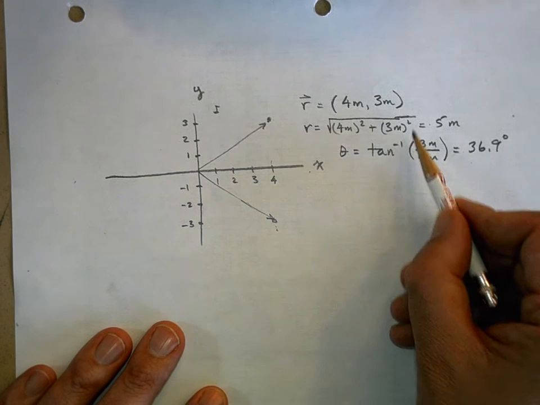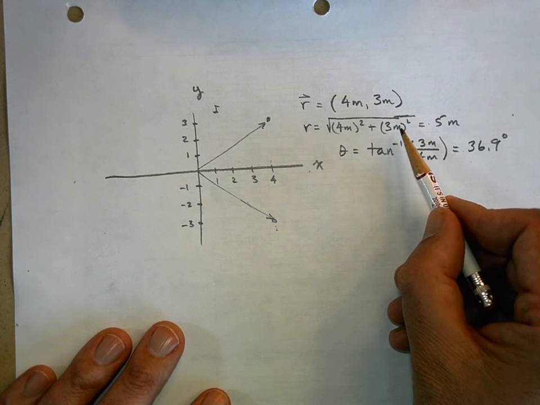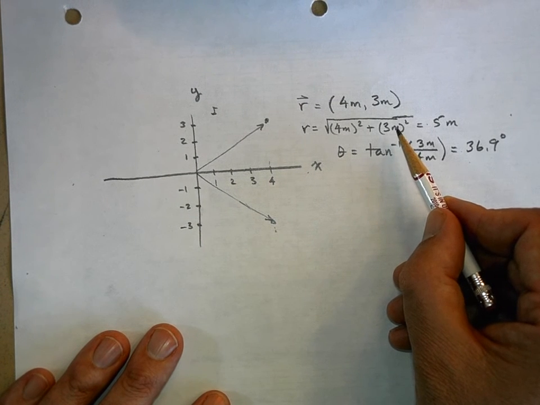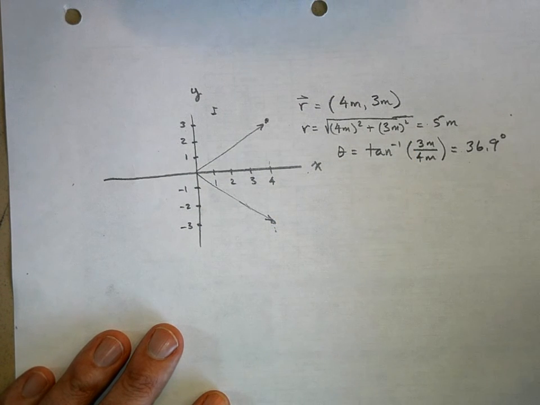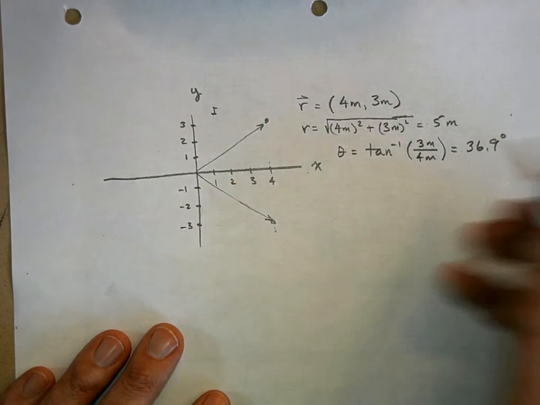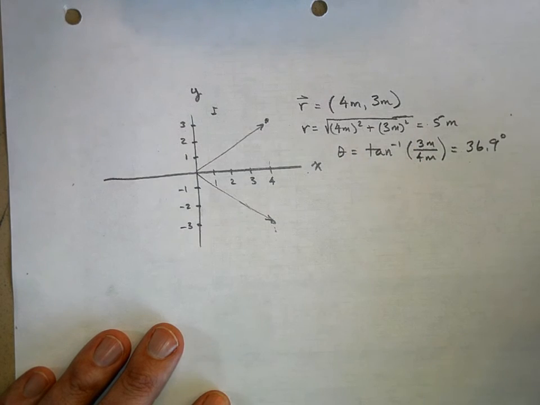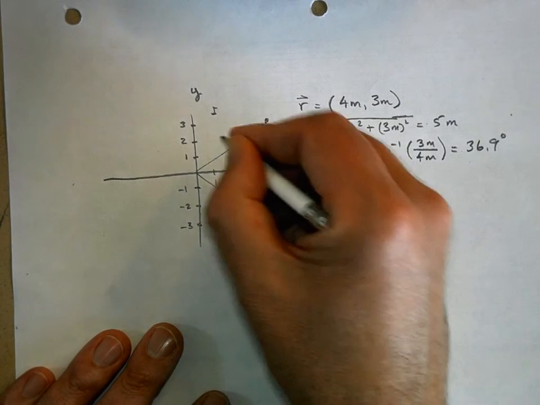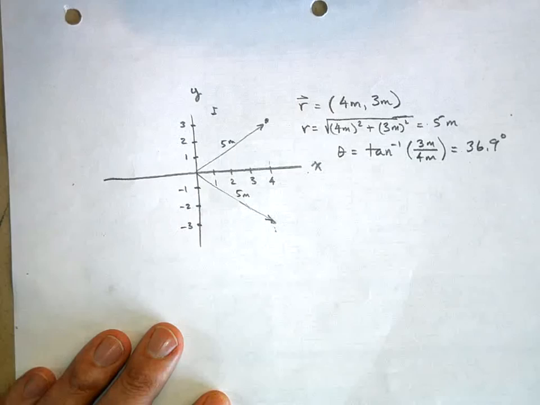But what happens when you use Pythagorean theorem? What is -3 times -3? It's still positive 9. Negative times a negative is a positive. And so you still have 16 plus 9. You still have the square root of 25, which is still 5 meters. So this is still 5 meters long, like it was up here.